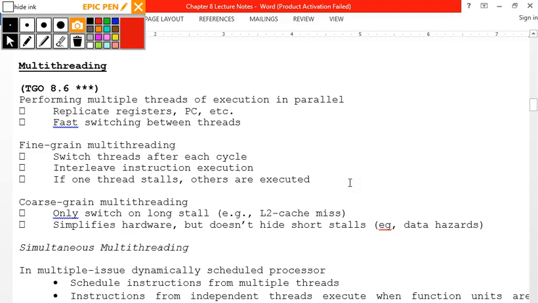So the whole idea behind multithreading is performing multiple threads of execution in parallel. They're happening at the same time in the same computer on different processors. So you're going to be replicating registers, program counter, data memory, instruction memory, the whole nine yards, controller. It's all going to be controlled by the operating system. And we have to have fast switching between threads.